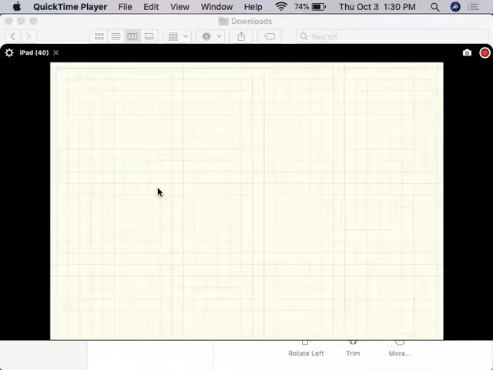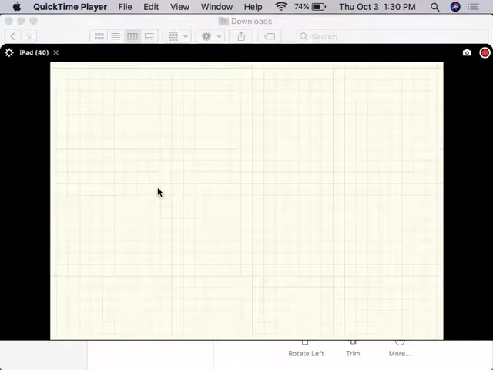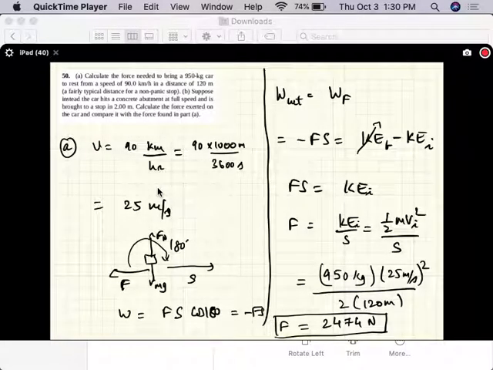All right. In part B, suppose instead the car hit a concrete abutment at full speed and is brought to a stop in 2 meters. So now what you're doing is, instead of S being 120 meters, it's 2 meters. And when this is small, the force is much larger.